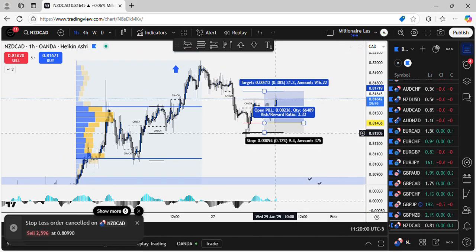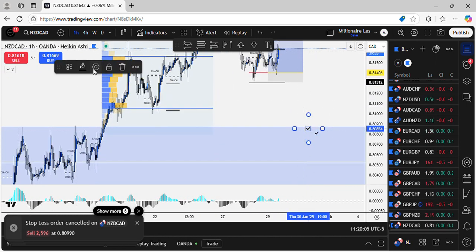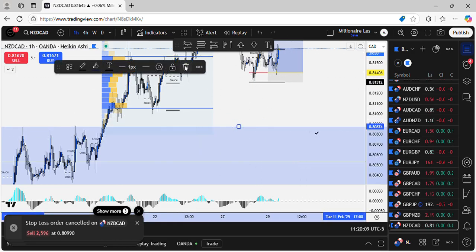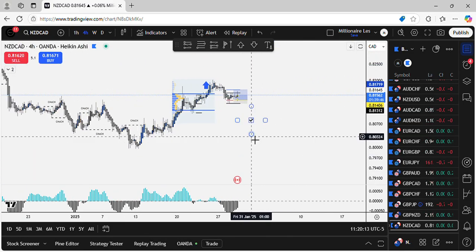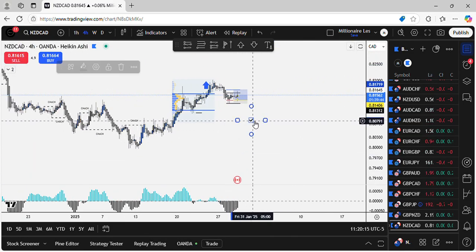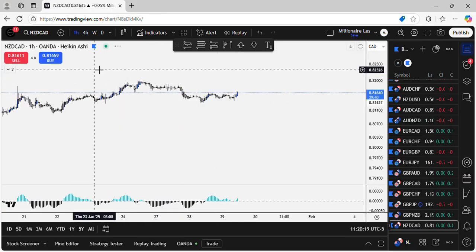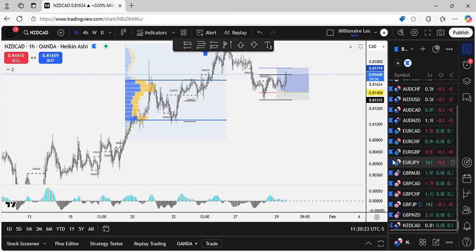So delete my pending orders. But as you can see, if I had a different broker, this would have hit. If I go to the 4-hour, this would have been irrelevant because it hit take profit, or it's damn near close to hitting take profit.